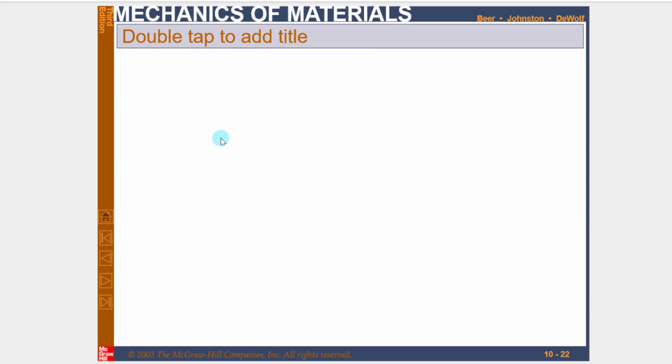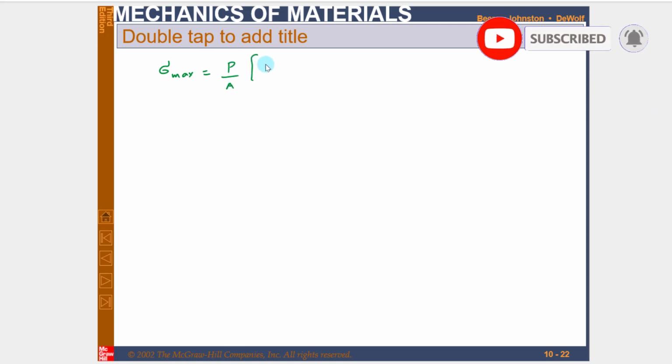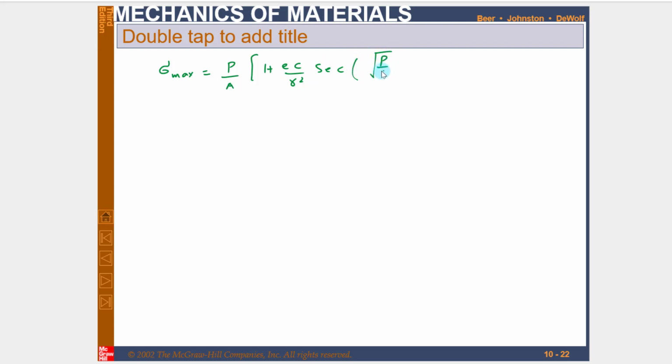So you will get sigma max is equal to P by A into 1 plus E C over R square secant of the square root of P over E I into L by 2.